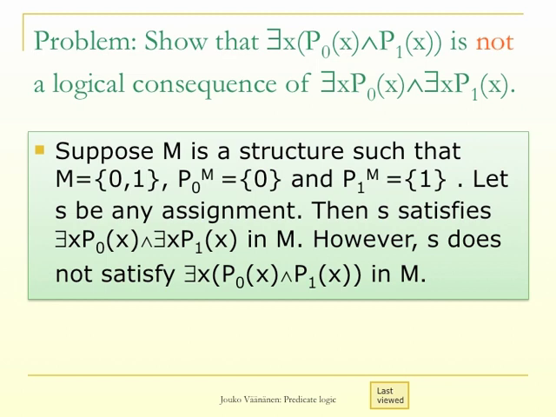However, s does not satisfy ∃x(p0x and p1x) in M, because there are only two elements in the model, 0 and 1, and we can simply try both, and neither 0 nor 1 satisfies both conjuncts.